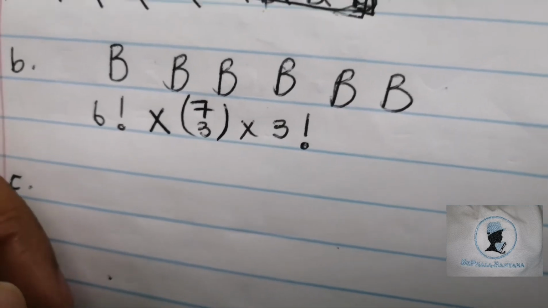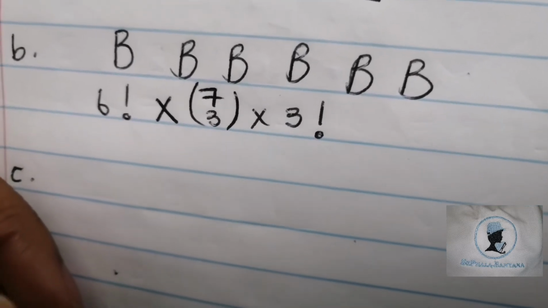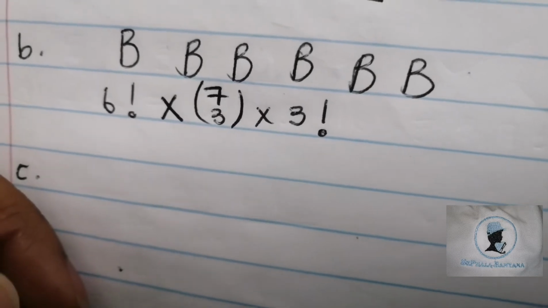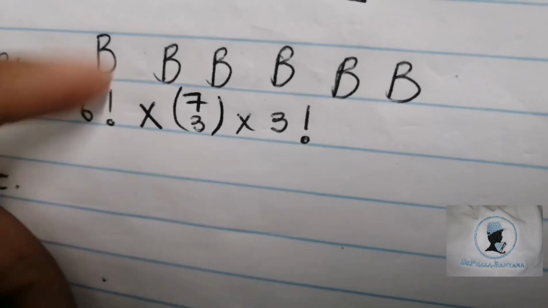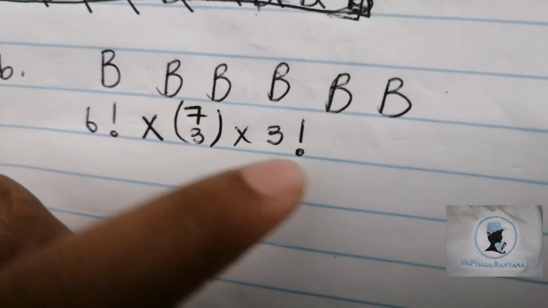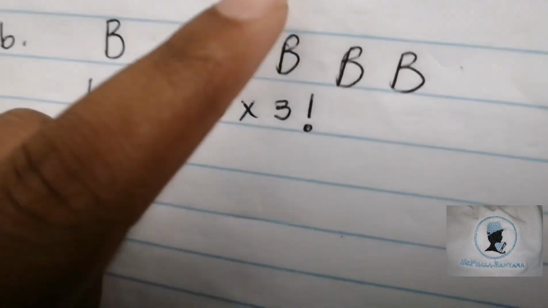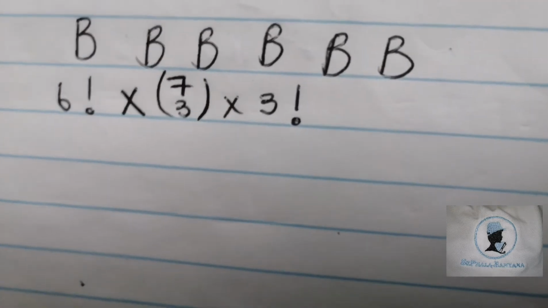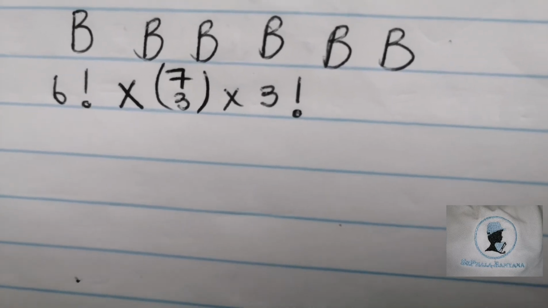So we are going to say 7 choose 3 times 3 factorial. The 3 factorial shows that we are sitting the different girls, and the 7 choose 3 means that we acknowledge that we have 7 positions, we are choosing only 3.